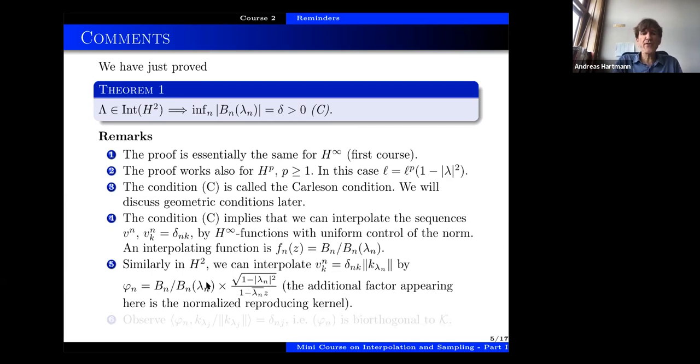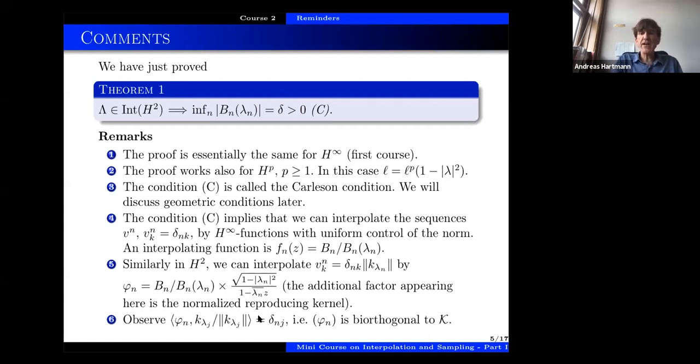And here we can also give explicitly the solution, which is given by this function. Bn here will guarantee that the function vanishes in all the points except lambda n. And in the point lambda n, the first factor will be 1, and this will produce exactly the norm of the reproducing kernel.